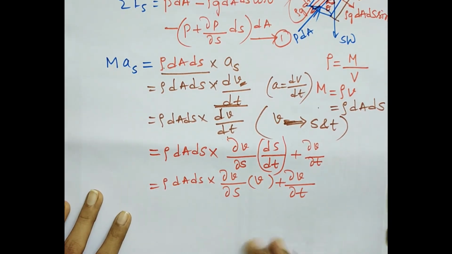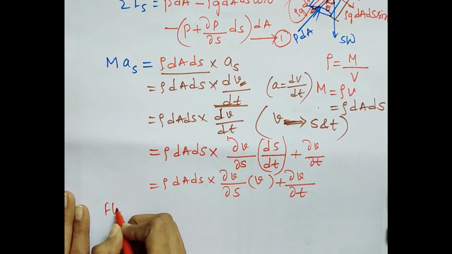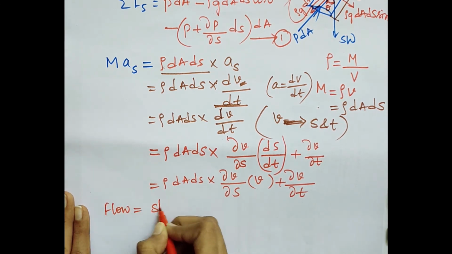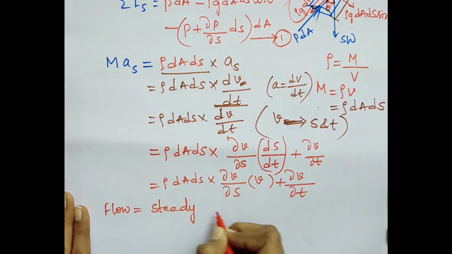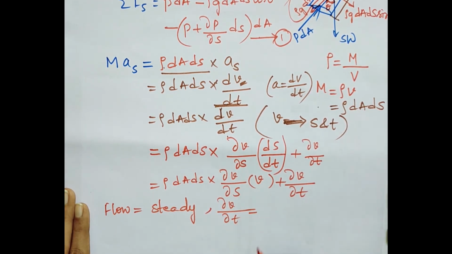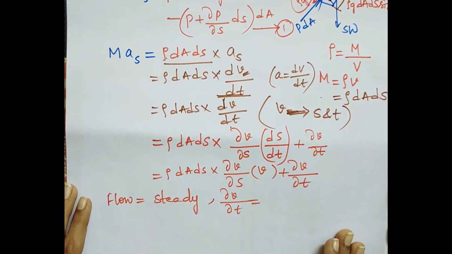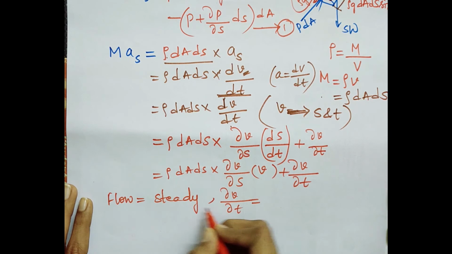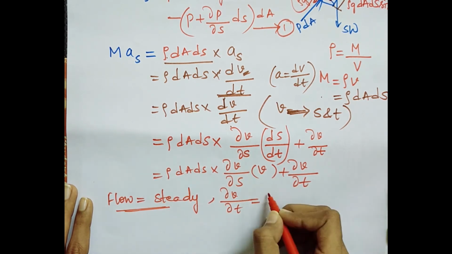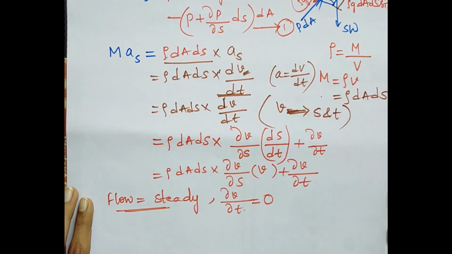And here, if we consider the flow as steady flow, then the definition of steady flow is that the rate of change of velocity with respect to time is constant. So if we consider the flow as steady, then dou v by dou t will be equal to 0.